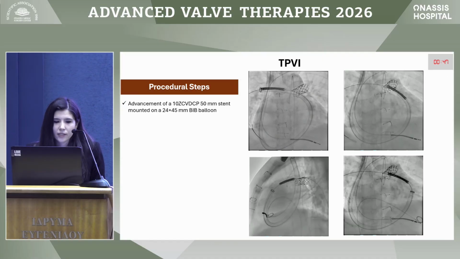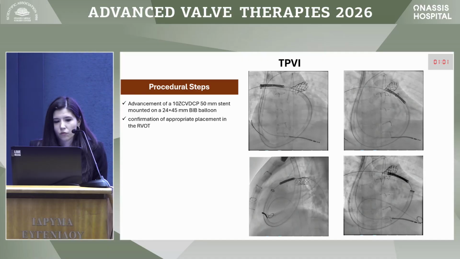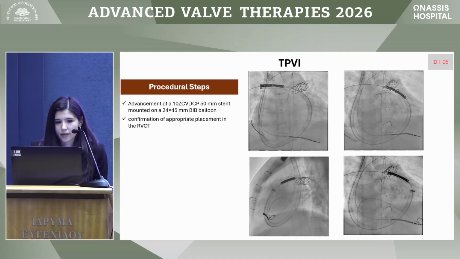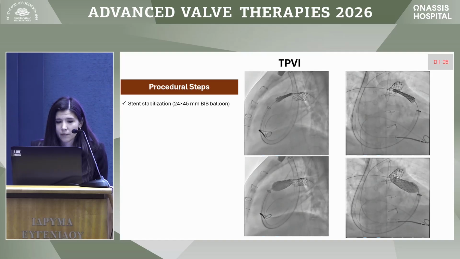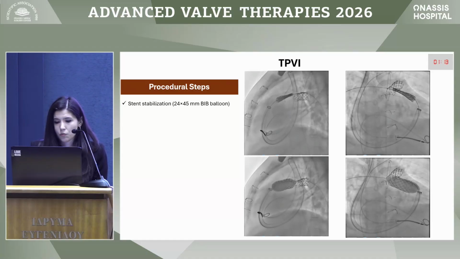After that, we advanced a 10Z covered CP 50 millimeter stent mounted on a 24 millimeter BIB balloon. And after confirmation of appropriate placement of this stent in the RVOT, we did stent stabilization with this 24 BIB balloon.